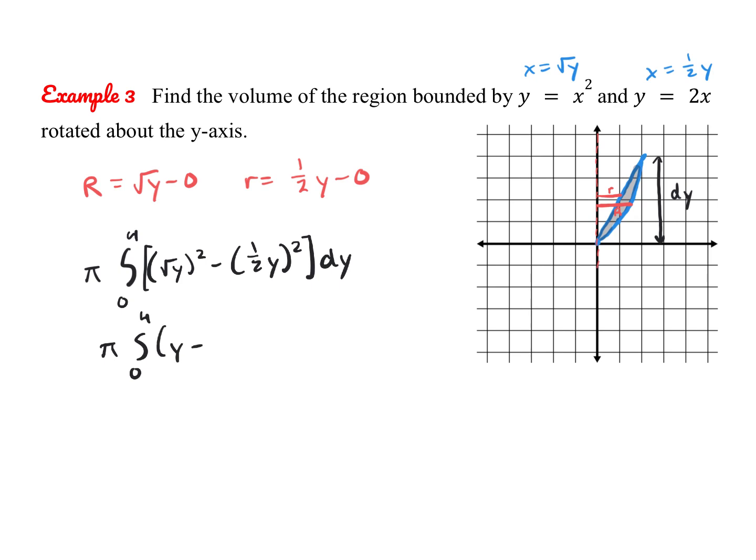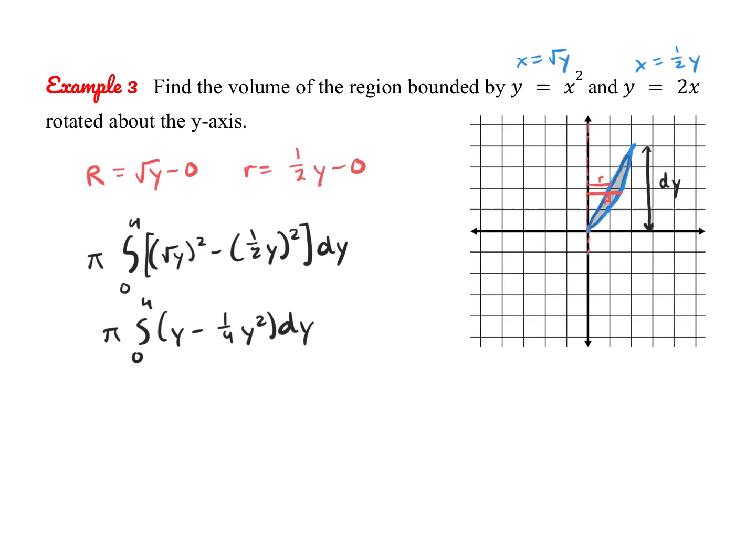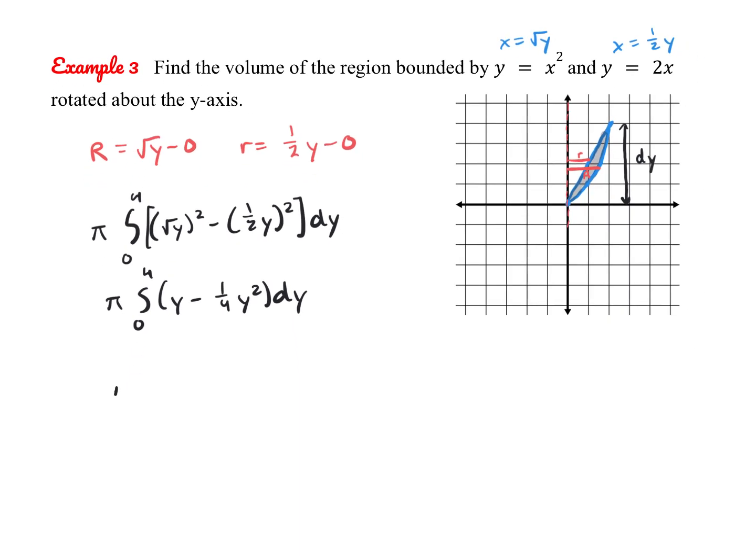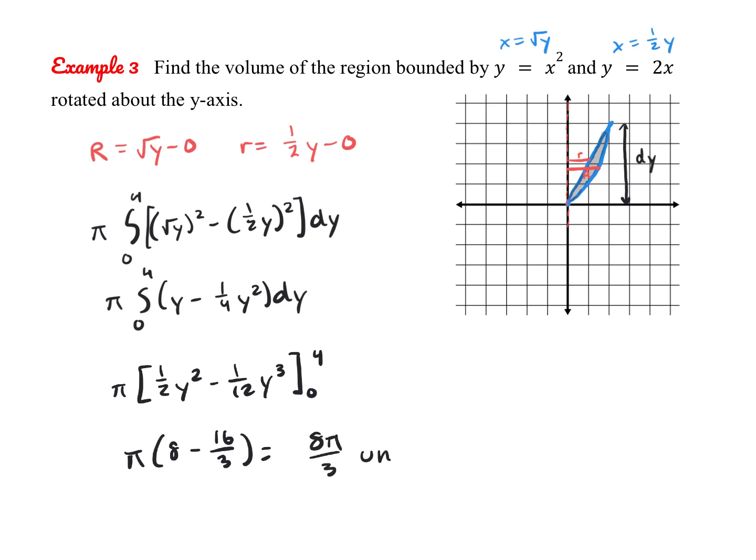So y minus 1/4 y squared dy. We can find our antiderivative. And then we just need to plug in 4 and 0, but that just becomes 0. So we have 8 minus 16/3, so 8 pi over 3 units cubed.